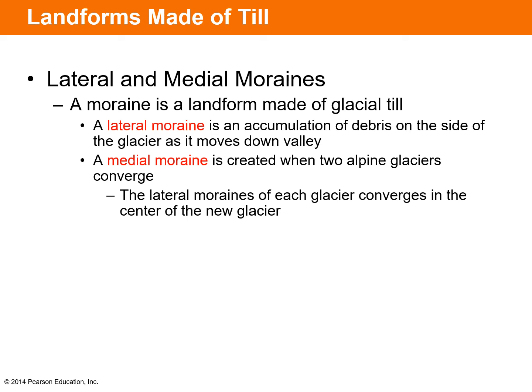And you might note that we discussed medial moraines earlier in the lecture, and you saw that when two alpine glaciers converge upon one another, it formed a medial moraine. And the sediment that comprises that medial moraine is from the lateral moraines of both of the alpine glaciers that converged upon one another. And it just so happens that then the medial moraine will be somewhere within the larger glacier that's created by the convergence of the two smaller glaciers from higher up in the mountains.